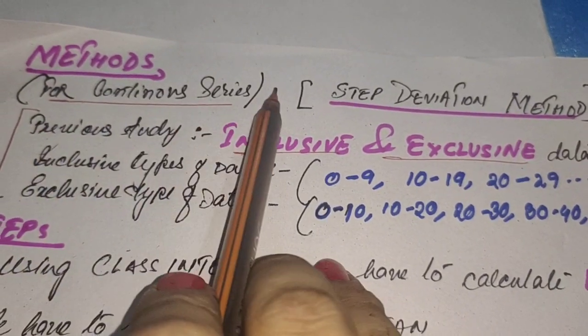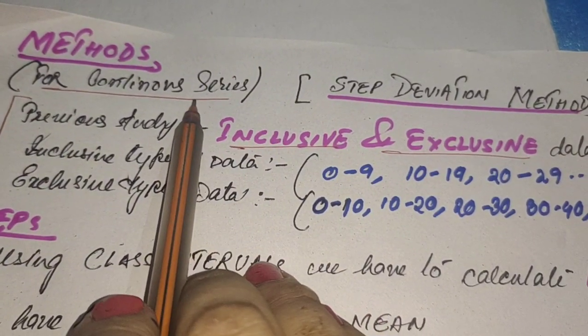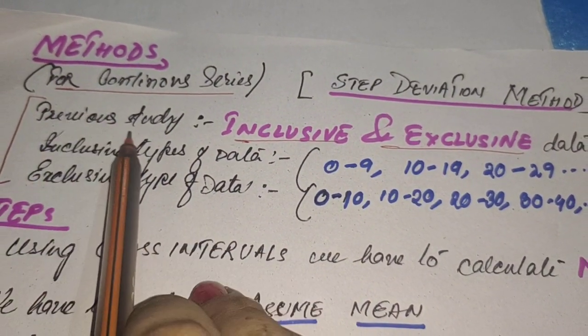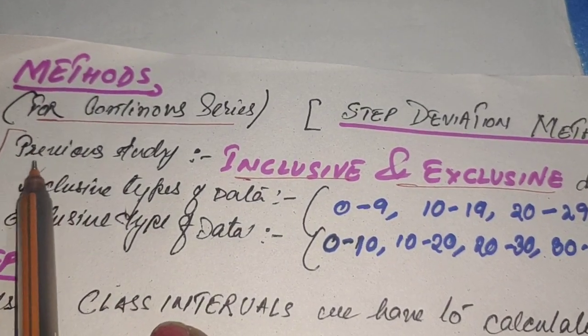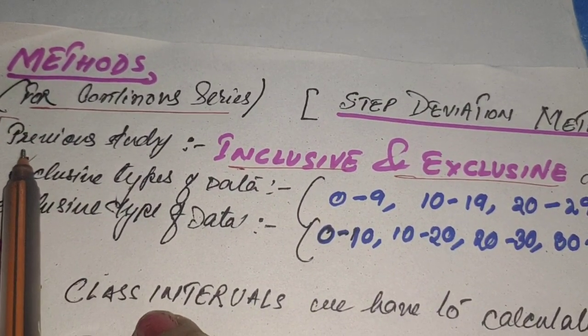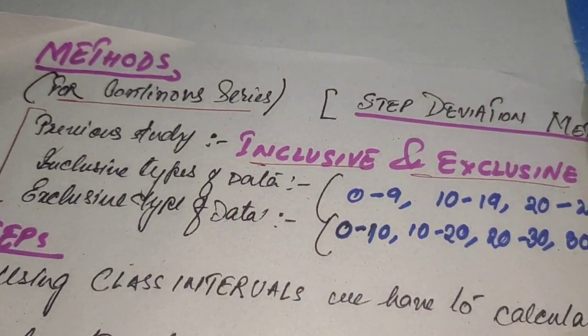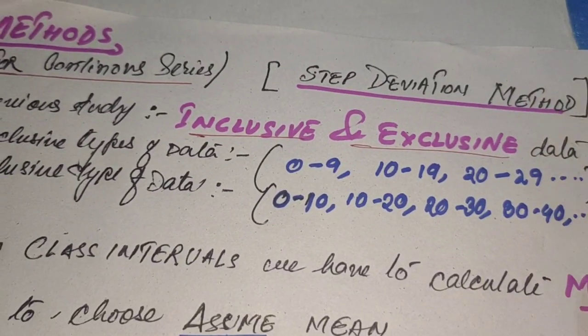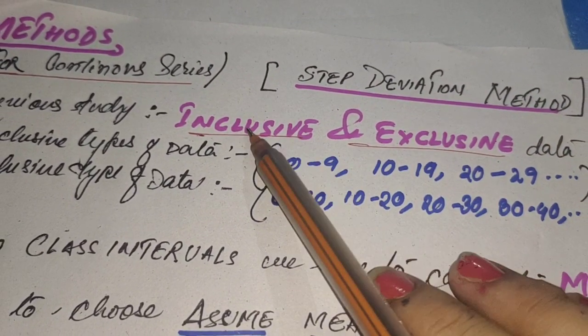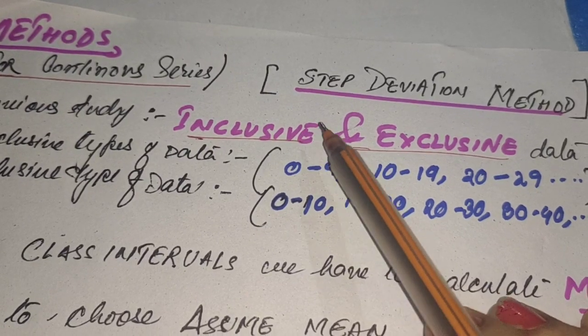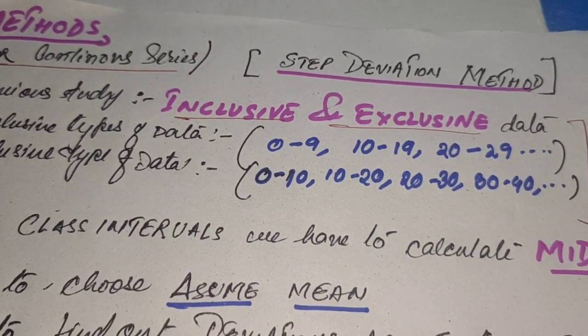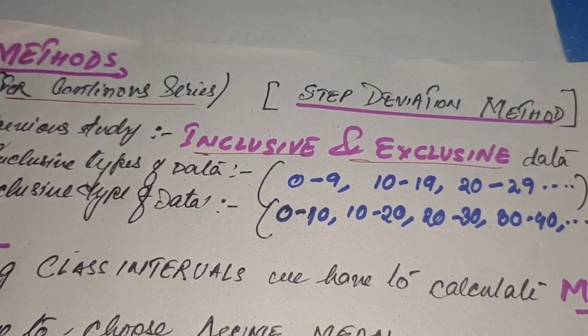Before going to the methods, first of all we have to go back to the previous study in class 11 or in class 9-10 also. We learned about inclusive type of class interval and exclusive type of class interval of data. So what are these?